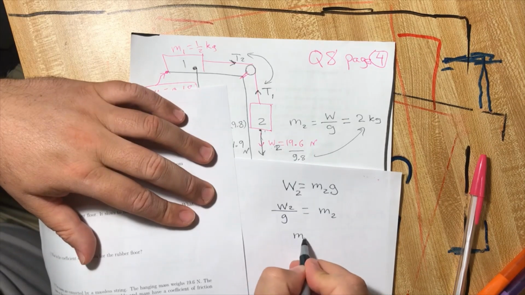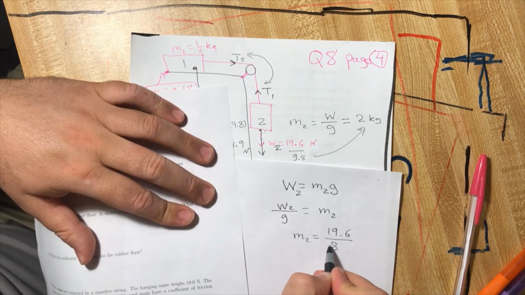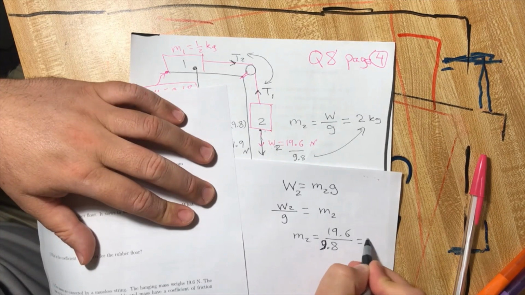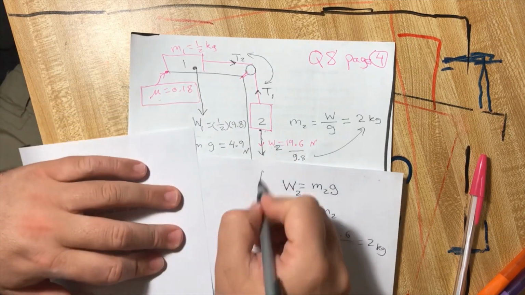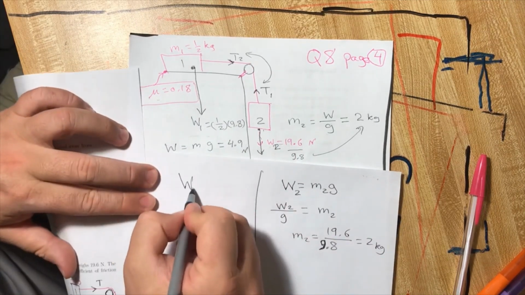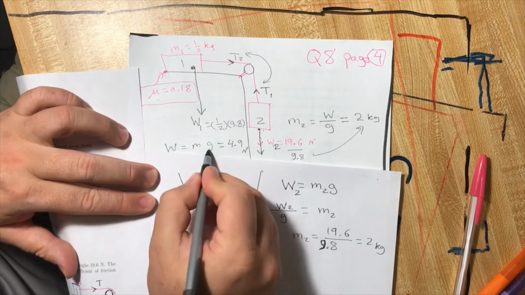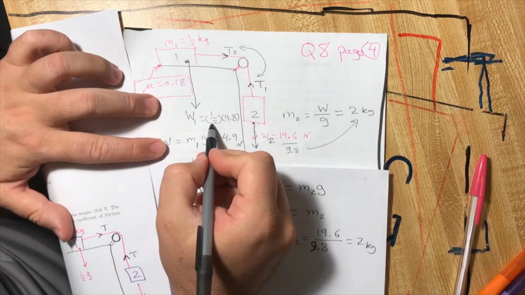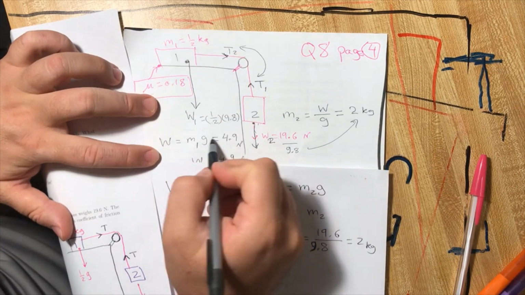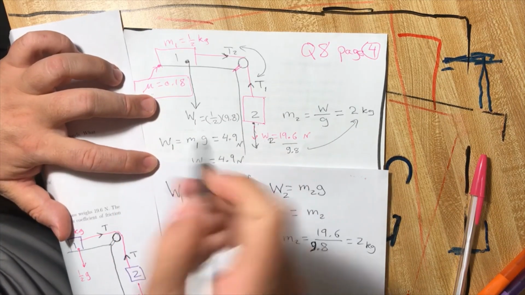In this case m2 is equal to 19.6 divided by 9.8, which is equal to 2 kilograms. And the weight of the first object is equal to the mass of the first object multiplied by g, which is half a kilogram multiplied by g, and the weight of the first object is 4.9 newtons.